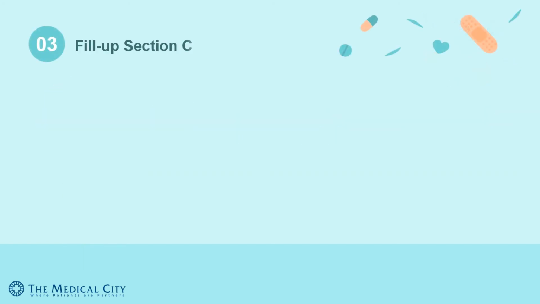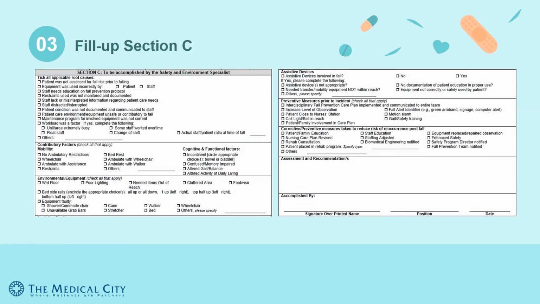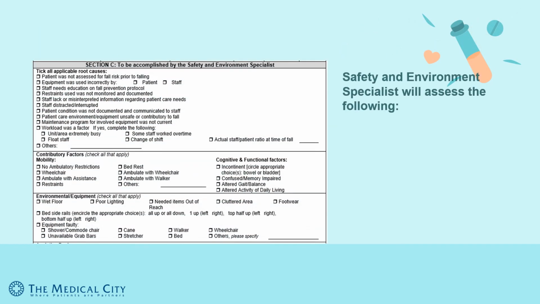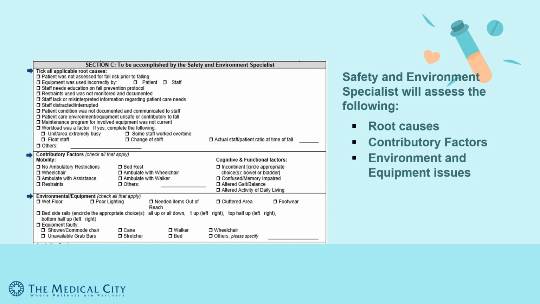The Safety and Environment Specialist will fill up the last section of the fall incident form, to assess environmental issues present during the fall incident. The Safety and Environment Specialist will assess the following: the possible root causes that may lead to the incident, contributory factors, and environment and equipment issues.